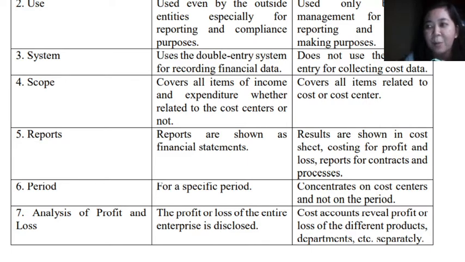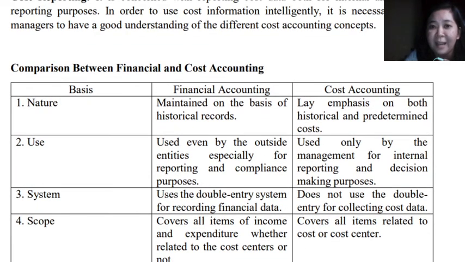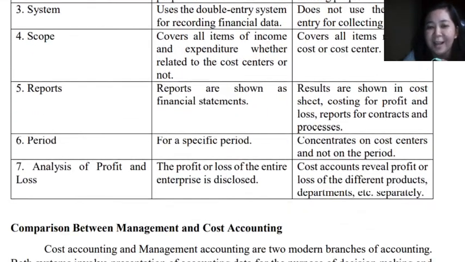So that's how profit and loss analysis is under cost accounting. It's specific. Those are the different bases of comparison between financial and cost accounting. I hope you understood how they are different from each other, although cost accounting is considered to be a branch of financial accounting.